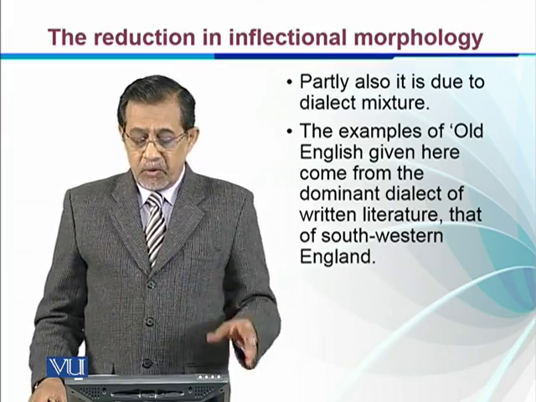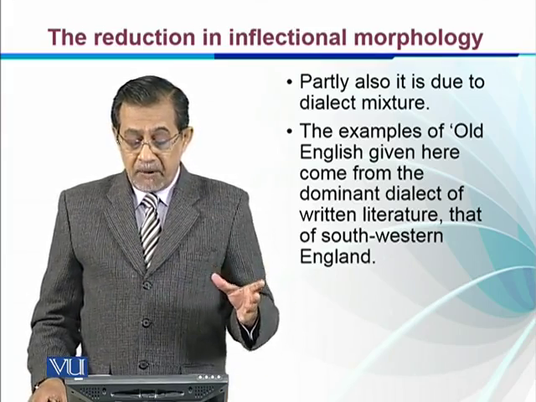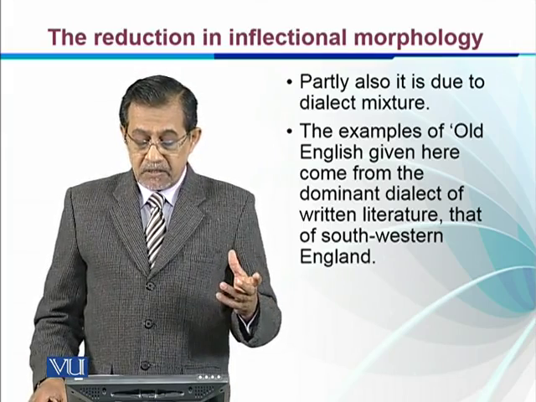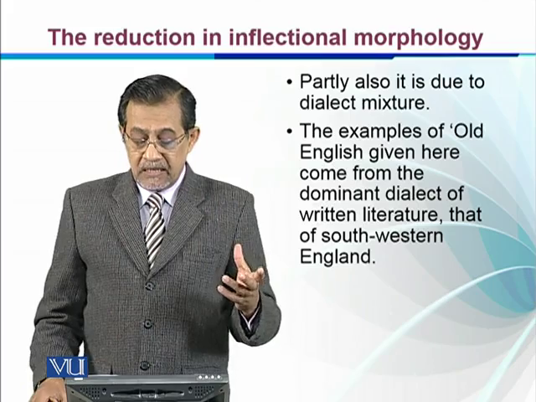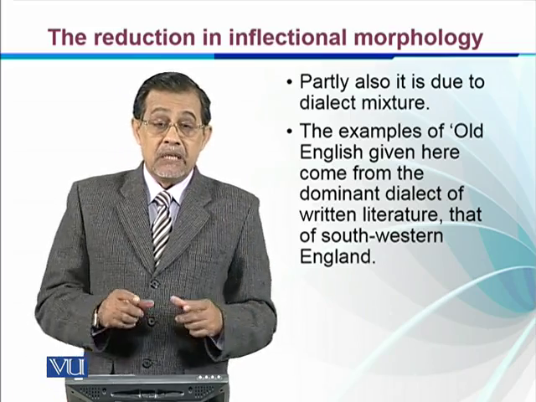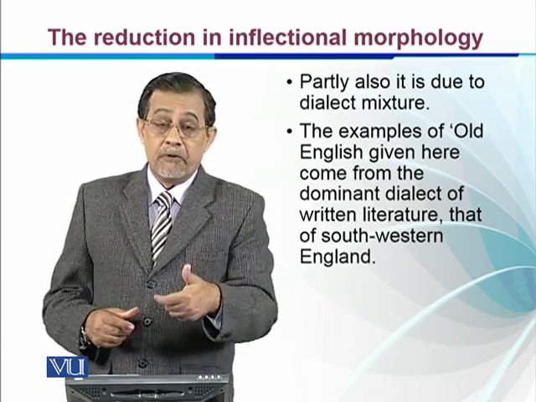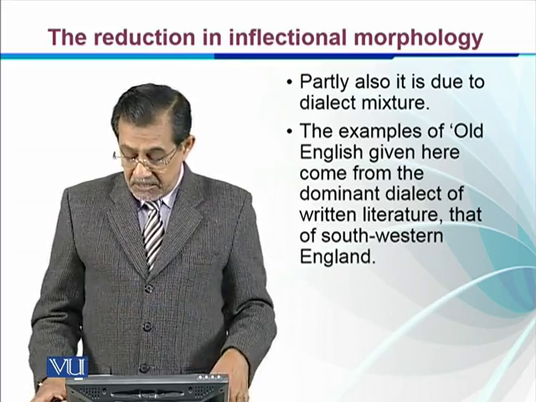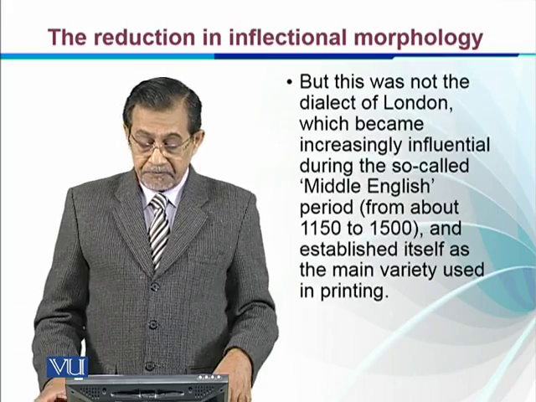The examples of Old English given here come from the dominant dialect of British literature, that of southwestern England. So the examples of verb forms and case forms given here have come from this dialect of English.